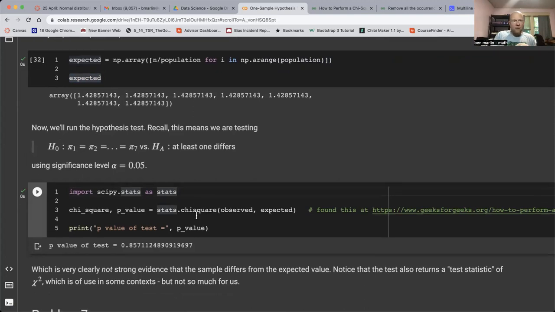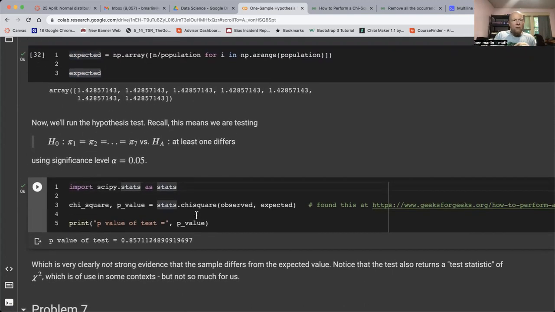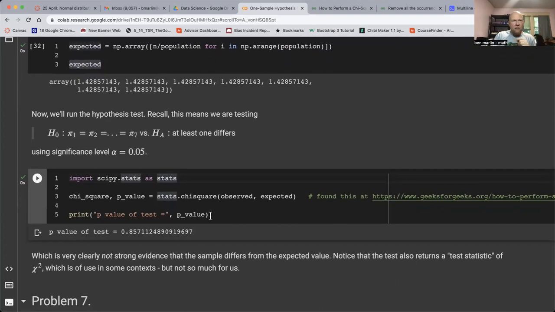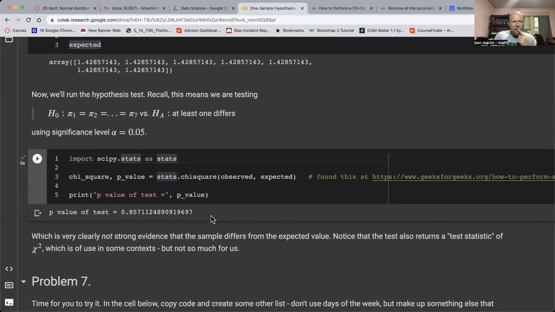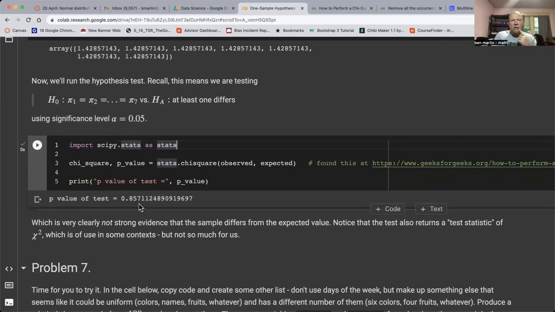And when I ran that, I got a p-value of 0.857, which is very large. And that tells you that this is not strong evidence that we have something that's different from the uniform distribution.